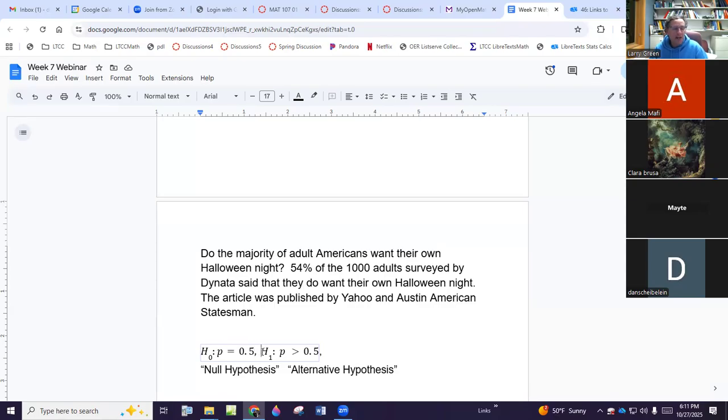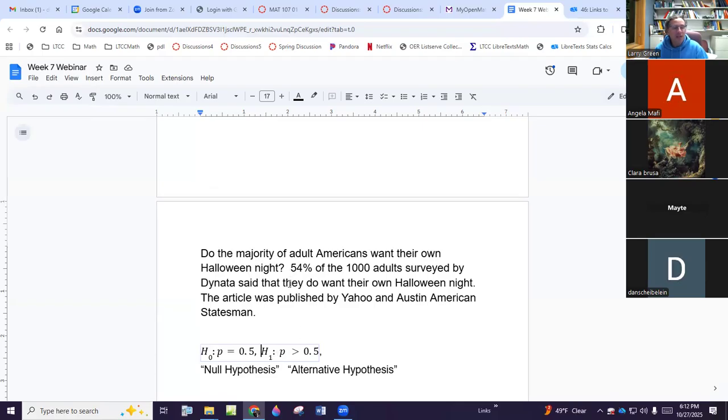The alternative hypothesis, we're going to use H sub 1. There are actually two things you'll see sometimes. I like H1 because that's what comes after 0, but sometimes you'll see people write HA. H1 is what we're going to use in our class. Then colon, not an equal sign, colon.